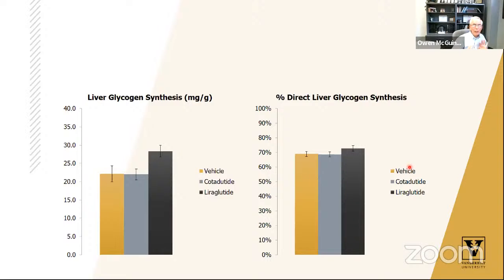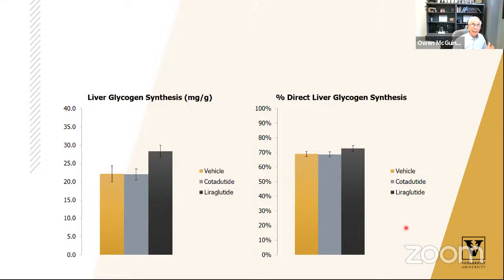In a meal, when you eat a meal, it can augment indirect glycogen synthesis because all those amino acids that are in the meal will actually become carbon skeletons for gluconeogenesis that actually fill glycogen via the indirect pathway. So you can get a greater glycogen synthesis because when you actually eat a meal, you're not just getting glucose, you're getting other carbon skeletons.